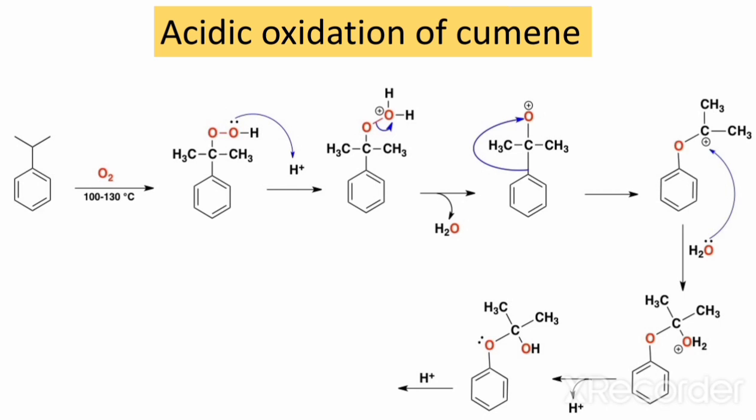Because of this bond formation, the oxygen will get a positive charge, and this compound is unstable. To gain stability, the oxygen-oxygen bond breaks and a water molecule is released.